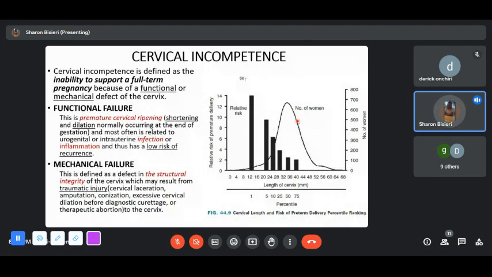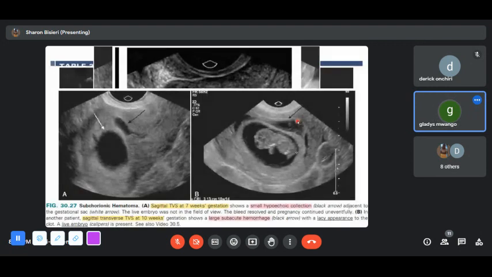So that's it for the subchorionic fluid. The fluid can be clear, like in image A, or it can be echogenic. One of the things you want to say is what percentage of the surface of the gestational sac it is occupying. Is it occupying 10 to 15% like in image A, or is it occupying 50% as in image B?